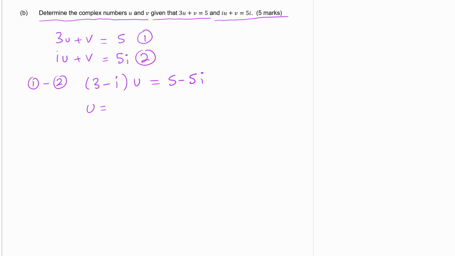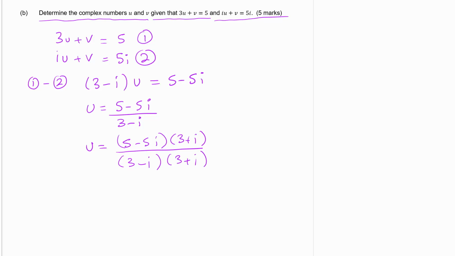So u is going to be 5 minus 5i over 3 minus i. So u is going to be 5 take away 5i, 3 plus i, divided by 3 minus i, 3 plus i. If I expand out the top, I get 15, take away 15i, plus 5i, take away 5i squared.